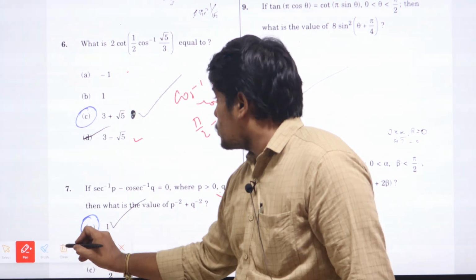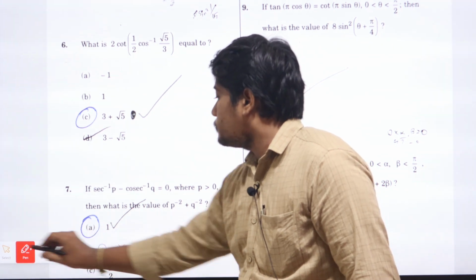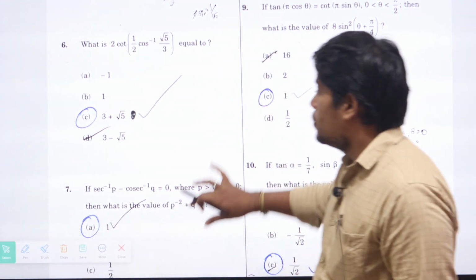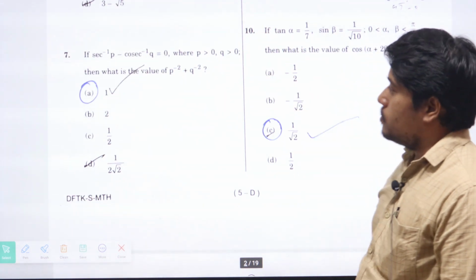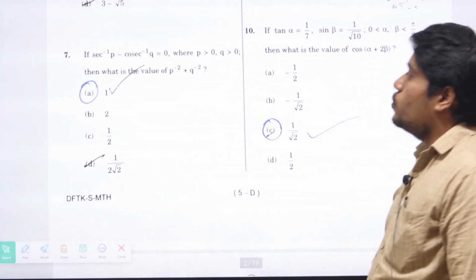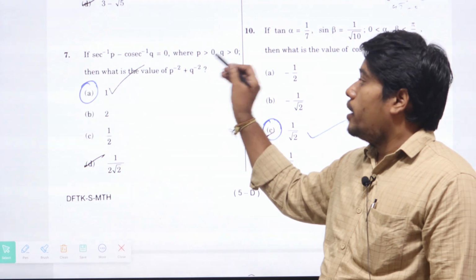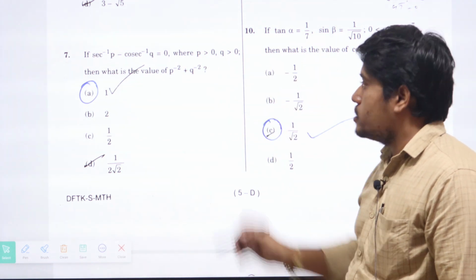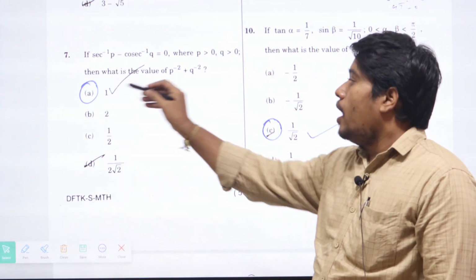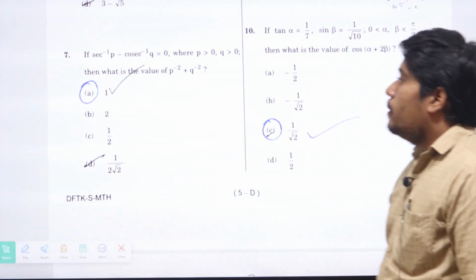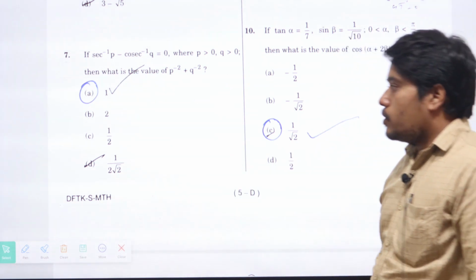So next, question number 7. Secant inverse of P minus cosecant inverse of Q is equal to 0, where P greater than 0 and Q greater than 0, so P and Q are always positive. Then what is the value of P to the power of minus 2 plus Q to the power of minus 2?